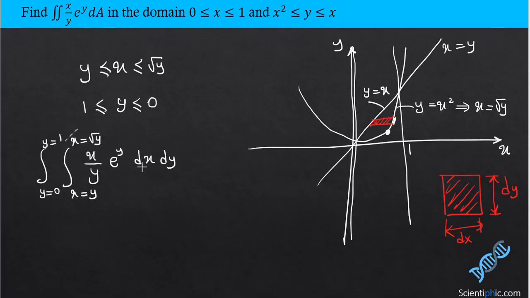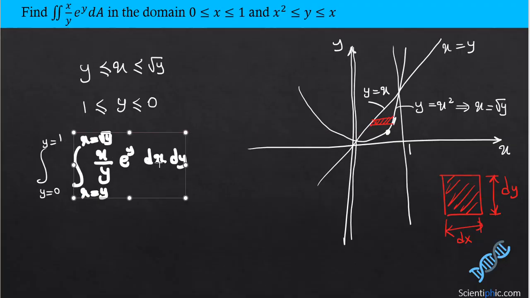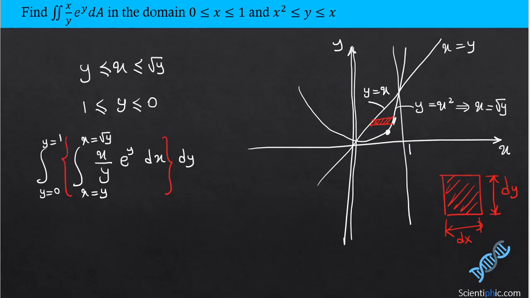As I said, first we have to take the inner integral, and then continue to the outer integral. The outer integral goes from y equal to 0 to y equal to 1. When I want to take the inner integral, the variable is x, as I can see here, so all the y values are constant.